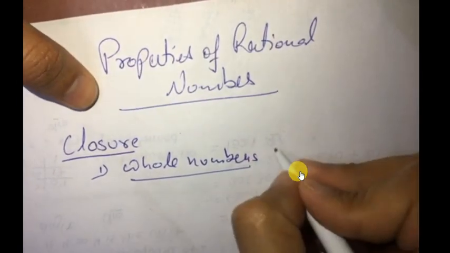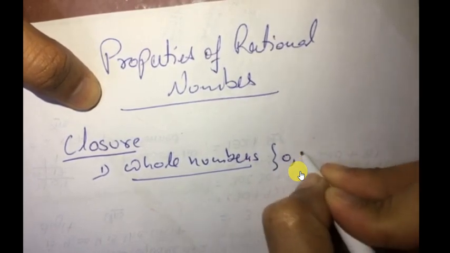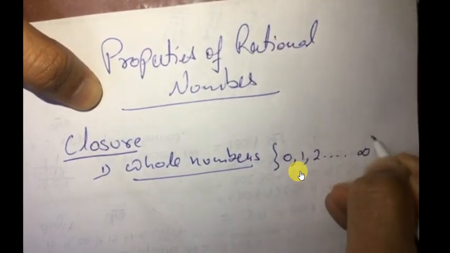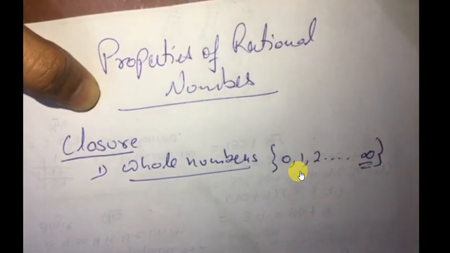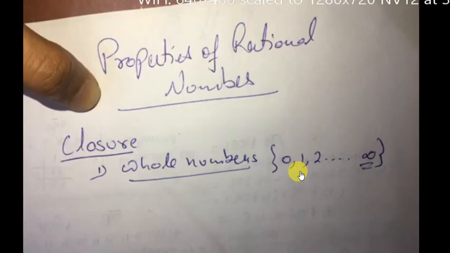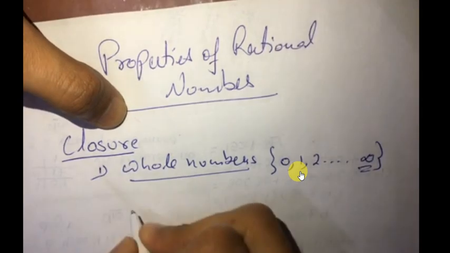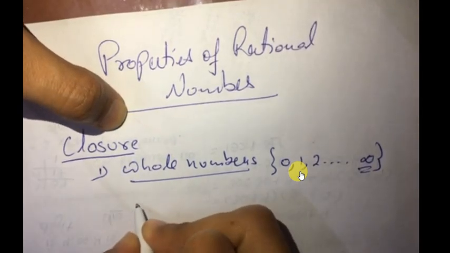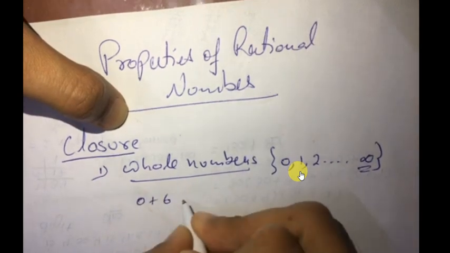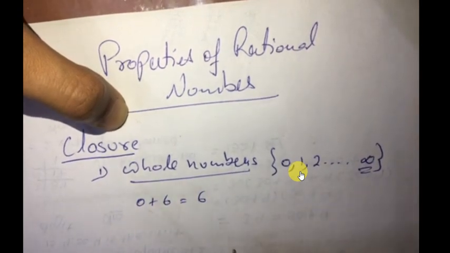So what are whole numbers? Which start from 0, 1, 2, 3 up to infinity. This is the sign for infinity. Whole numbers are those which start from 0 and go up to infinity. If we add two whole numbers, it will give a result as a whole number only. Let's say if I write 0 plus 6, it will give 6, which is again a whole number.